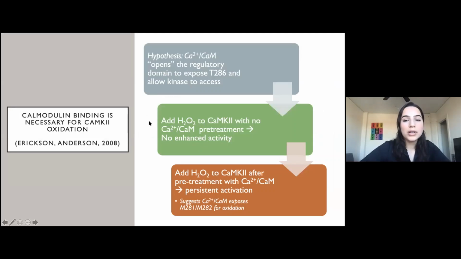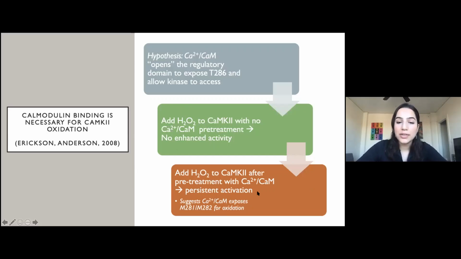Okay, so here, this is just a little bit of background with a prior study done at this lab where they hypothesized that the calcium calmodulin binding opens up that regulatory domain to allow threonine to be accessed by the kinases. They proved this by adding reactive oxygen species to CaMKII, but eliminating calcium calmodulin from the pretreatment, which shows that there's no enhanced activity of CaMKII.